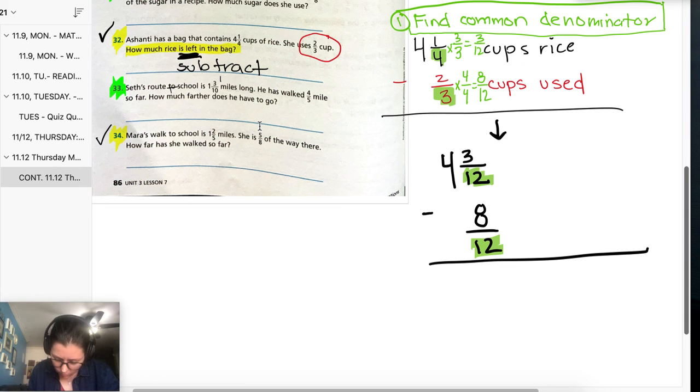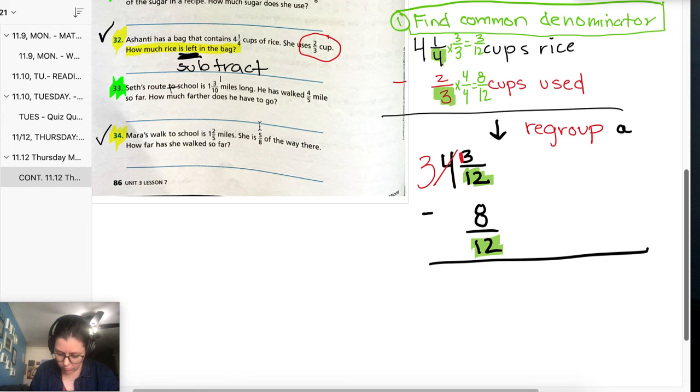So in order to regroup, I am going to borrow 1 from my whole number, make that a 3, and I'm going to add 12 to my numerator. I had 3. 3 plus 10 is 13. So now I can go ahead and subtract because I have 13 minus 8.